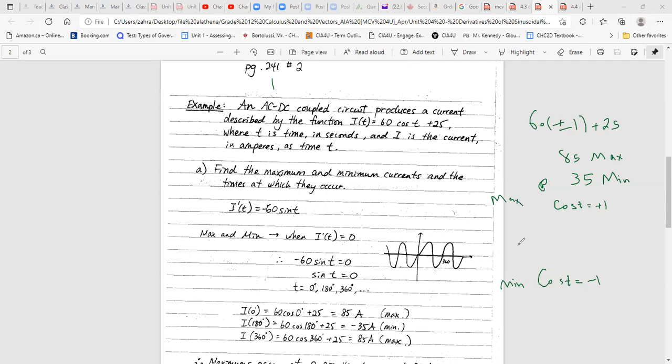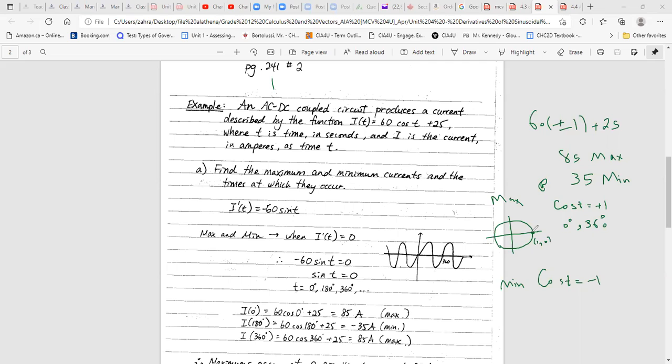And you know from the unit circle that cosine is the x component. Here the x component is 1, so at 0 degrees. Here the x component is negative 1, which is at 180 degrees. This point is (1, 0), and cosine is the x component.